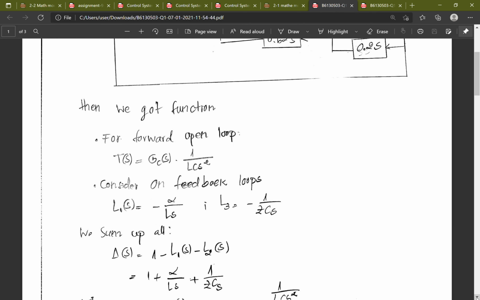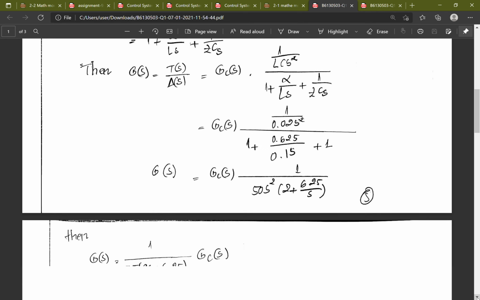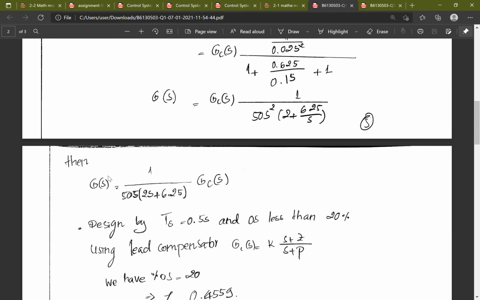When we substitute all the values, we get delta(s) equal to this number, and then we can find the transfer function, which equals T(s) over delta(s). Then we must multiply this with the controller, and when we substitute all the values, we get T(s) equal to 1 over 50s multiplied by 2s plus 6.25, and multiplied by the controller.